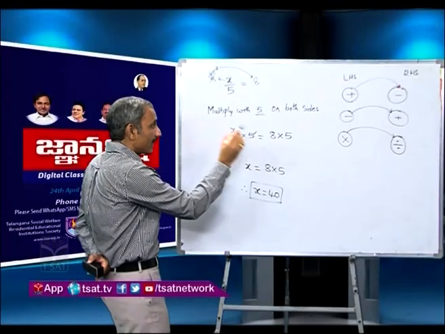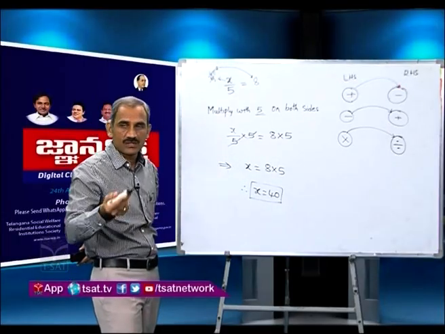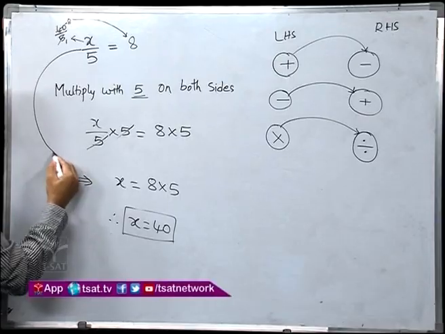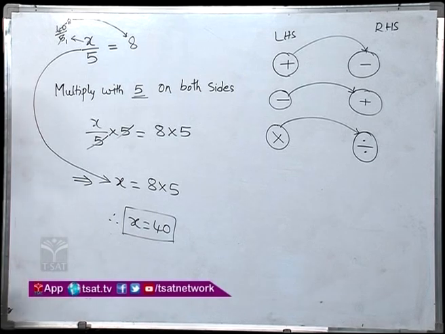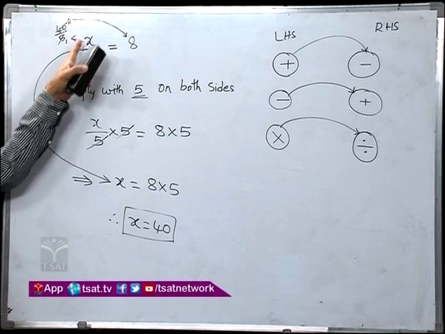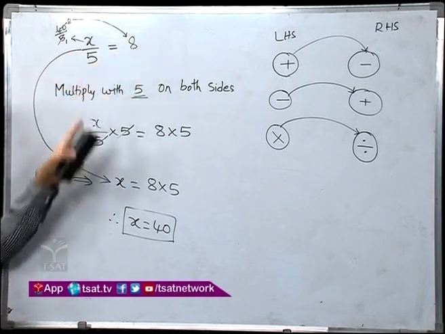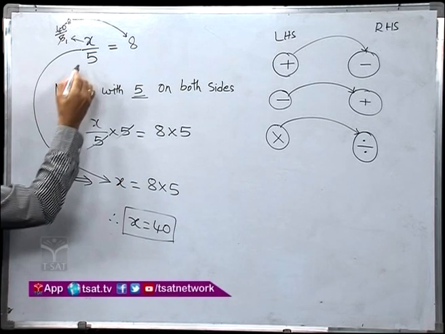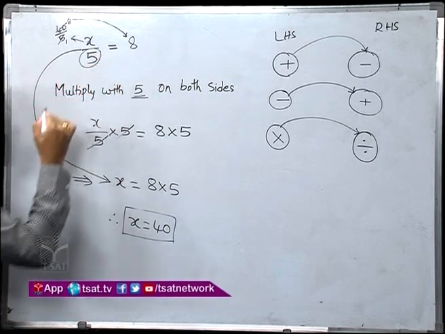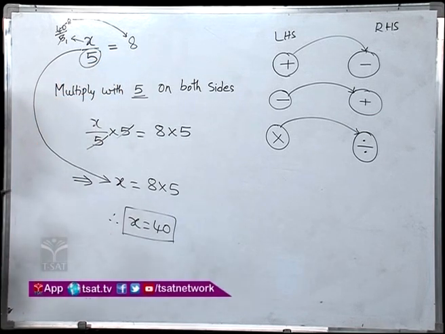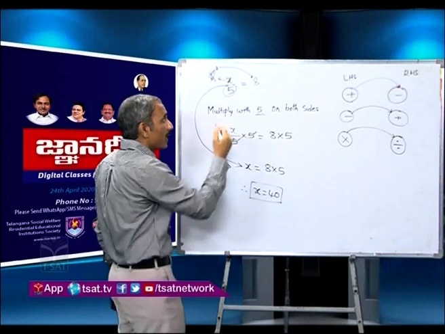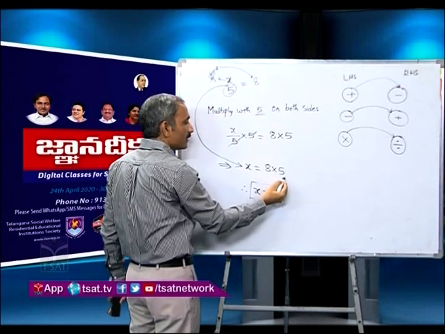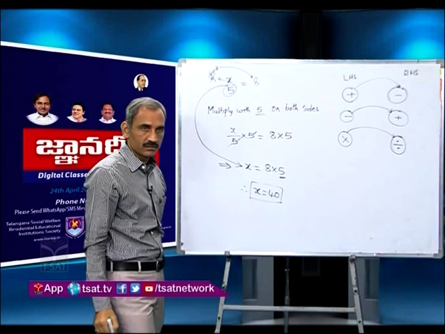Now, again here also you can find one smartest way, that is one rule for transpose. If you take these two steps, what happens? We have the same three terms x, 5 and 8, here also x, 5 and 8, but the only thing is here 5 is in the quotient, I mean division part, but when this is transposed to RHS, it is multiplying.